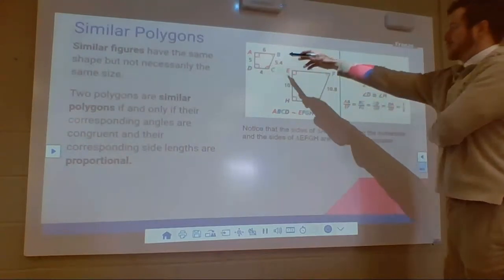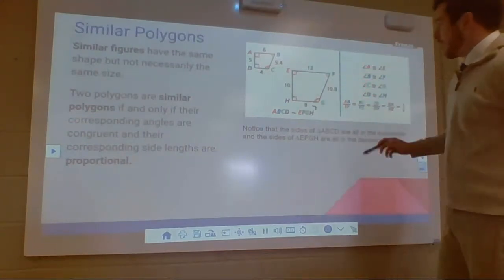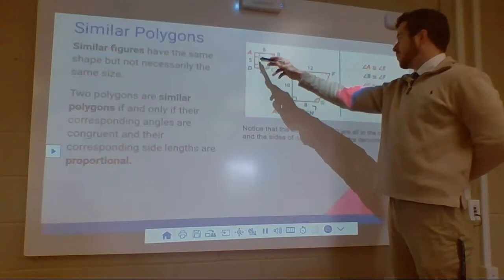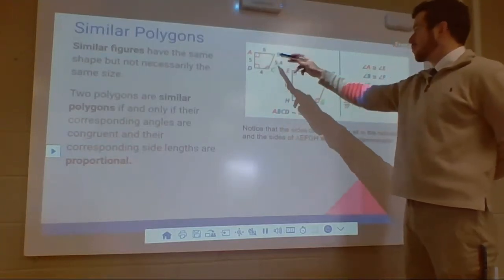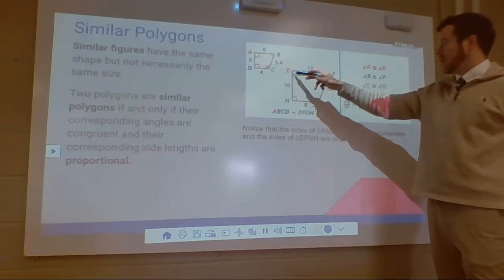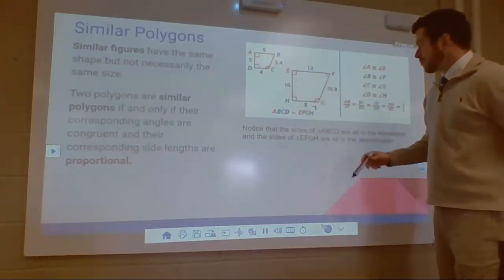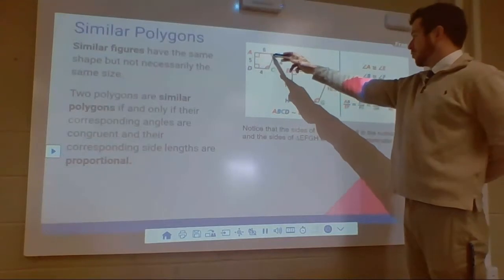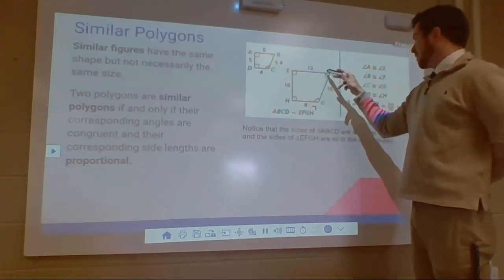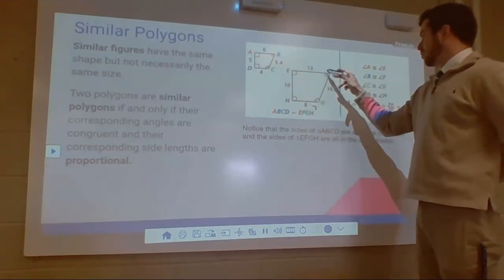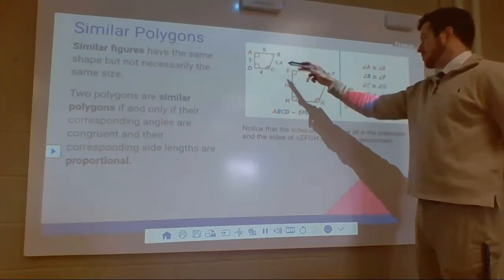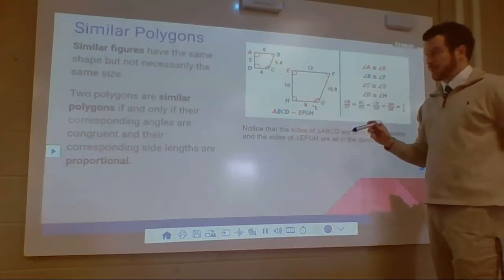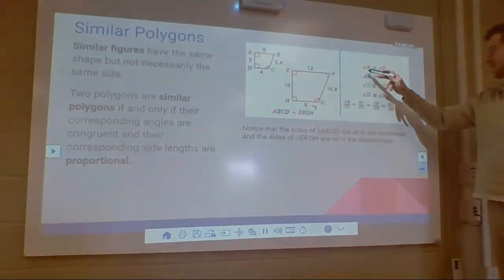Let's look at these two similar figures. We see two right angles at A and D, and two right angles at E and H. And then we see a congruent angle at B and F. So angle B is congruent to angle F. And angle C, since they have two angle arcs, is congruent to angle G. So you see that listed here.